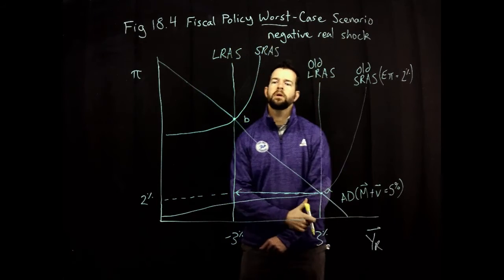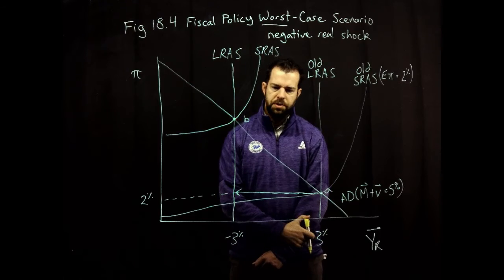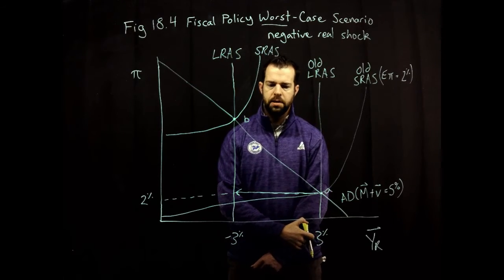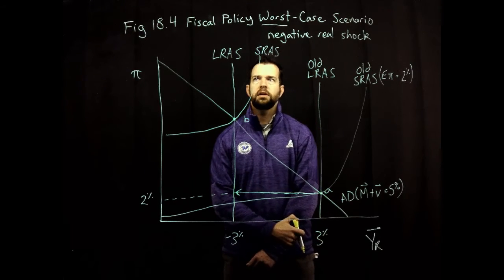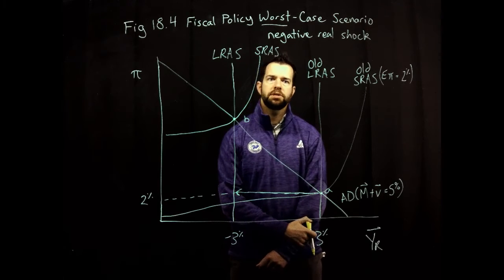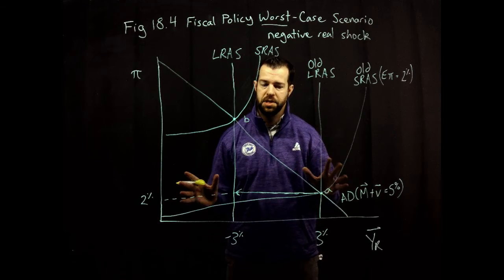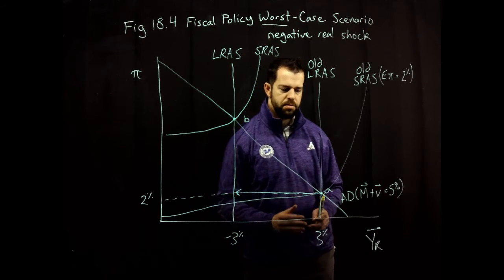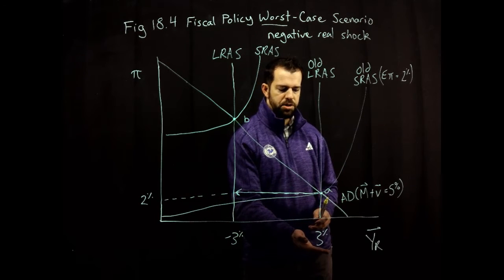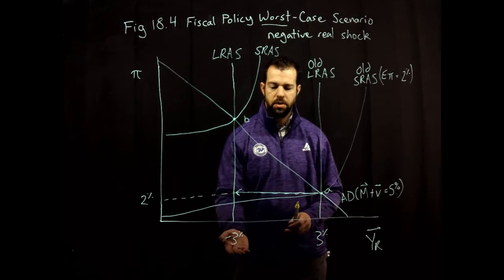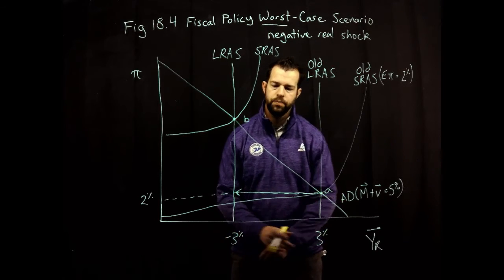And our new short run aggregate supply curve is going to kind of cross through this part here. Okay. All right. So now we've gone from A to B, and the federal government is deciding what to do here. Now remember, they can't see what you guys are seeing. All they know is, perhaps at this time, is that GDP, its growth rate is falling. Okay.